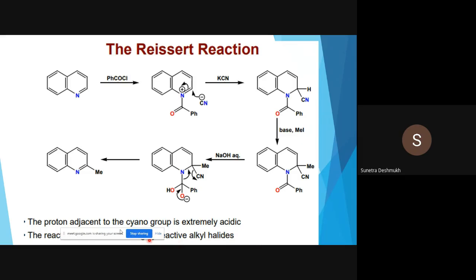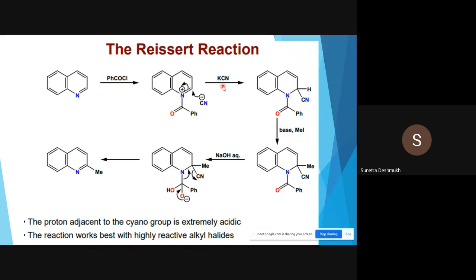So next one, the Reissert synthesis, which is one of the famous syntheses. Alkylation at the second position we can do through the Reissert reaction. So quinoline on treatment with acyl chloride, RCOCl. First, the acylation occurs at the nitrogen atom, creating a positive charge.